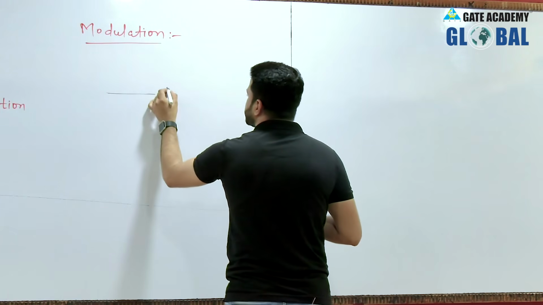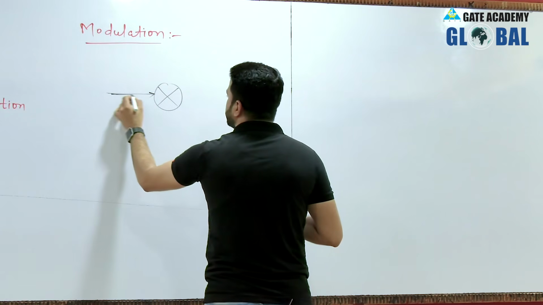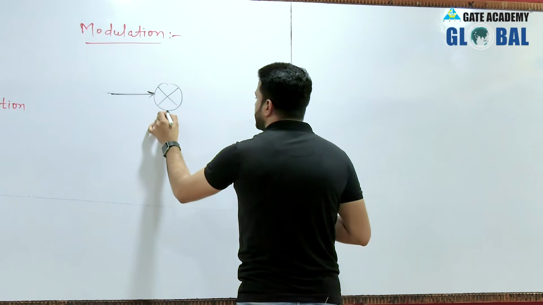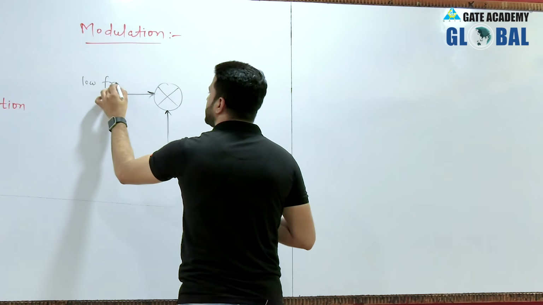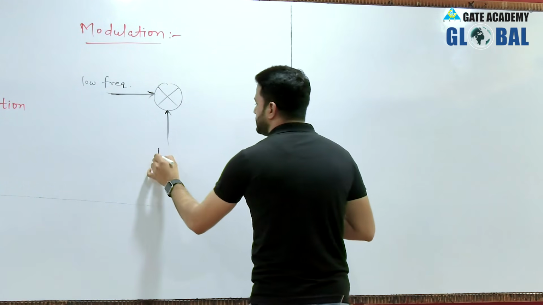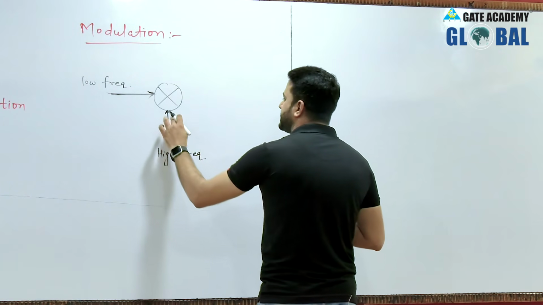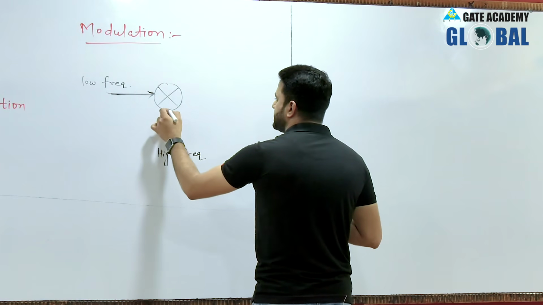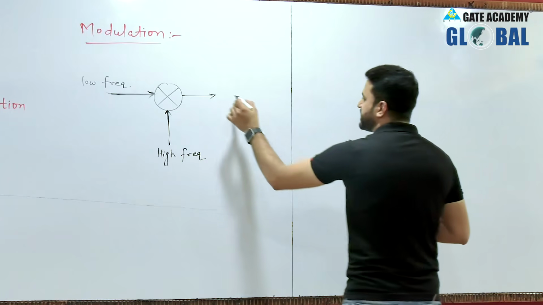In frequency translation, we just multiply our low frequency signal into a high frequency signal. So we are multiplying the low frequency signal with a high frequency signal, and we are getting another high frequency signal.